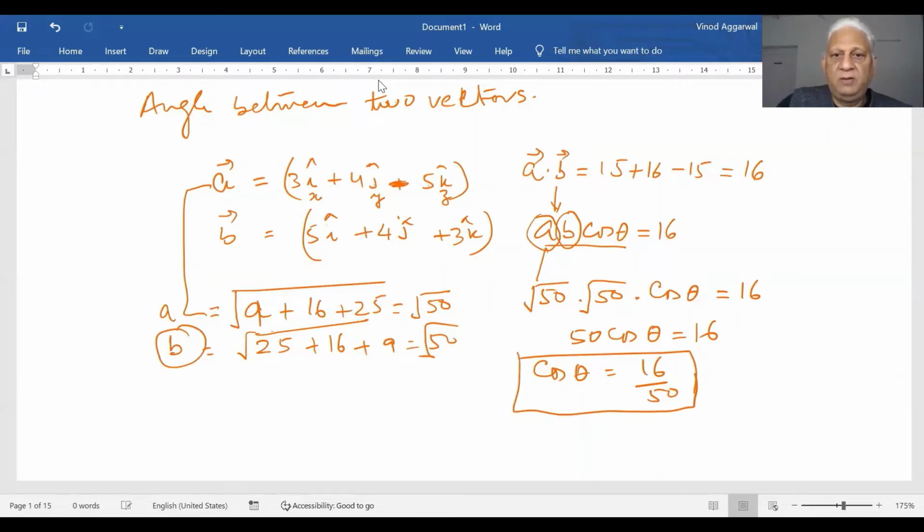This way we can find the cos of the angle, and hence the angle between the two vectors.